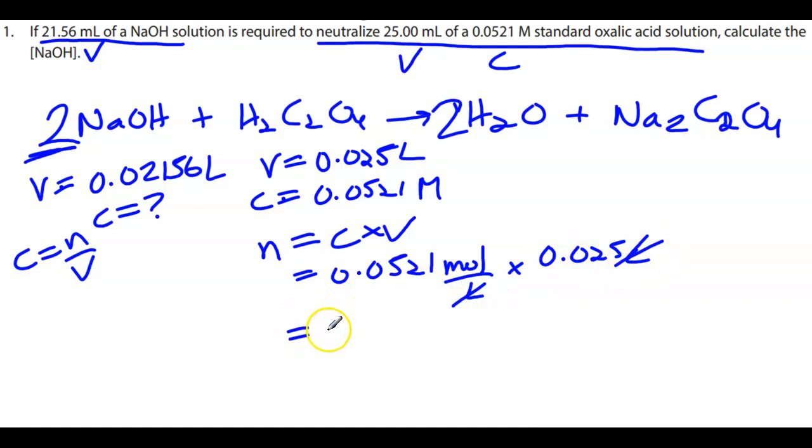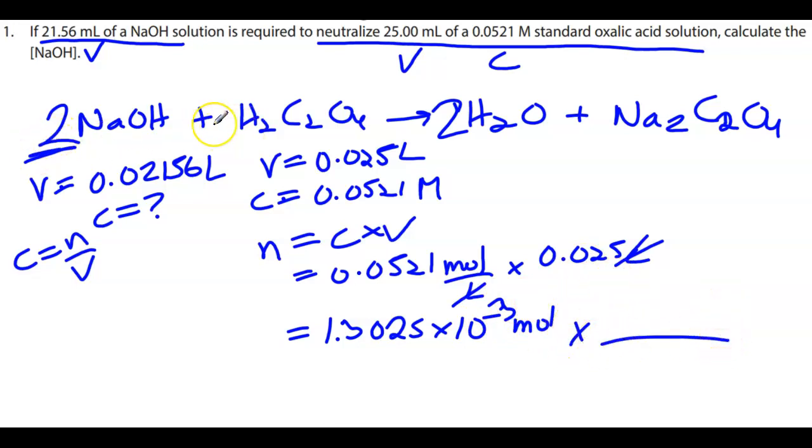So we end up with 1.3025 times 10 to the negative 3 moles. Okay, so this is moles of acid. If this was a 1-to-1 ratio, or if they were the same, 2 and 2, 1 and 1, whatever it is, then this number of moles would be equal to the number of moles of our NaOH.